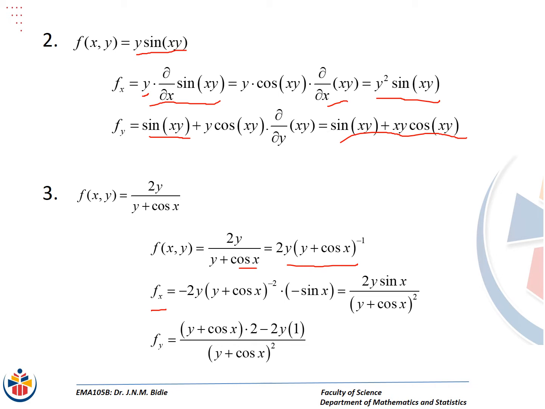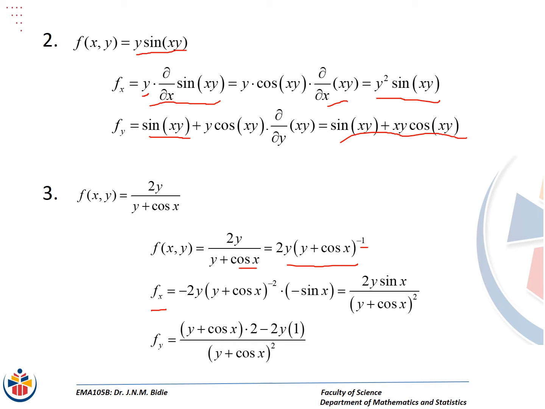So we treat y as a constant. So that means we have here 2y taken out, and the derivative of y plus cos x all to the power negative 1. Firstly, the chain rule requires us to differentiate the outer function, which is that negative 1, so the power. So that means it's negative 1 times y plus cos x all to the power negative 2.